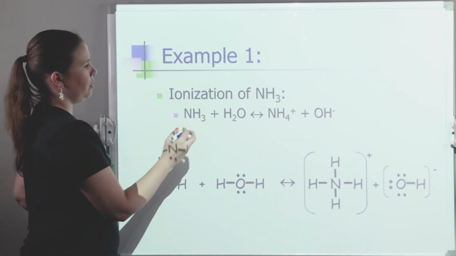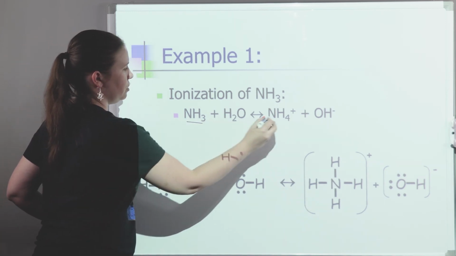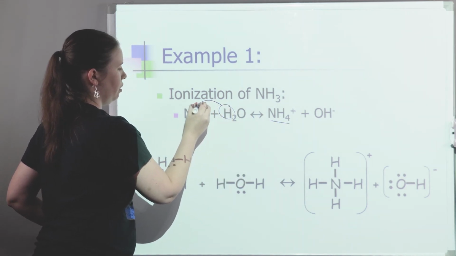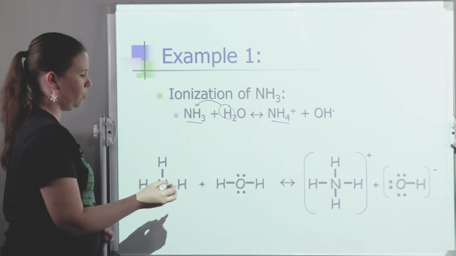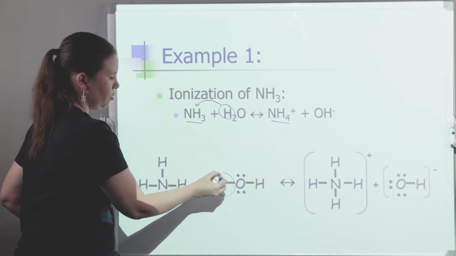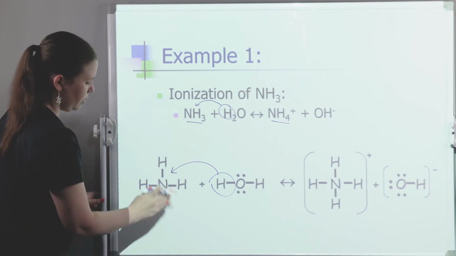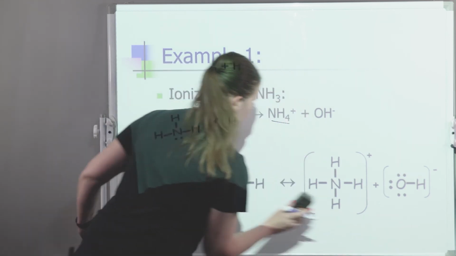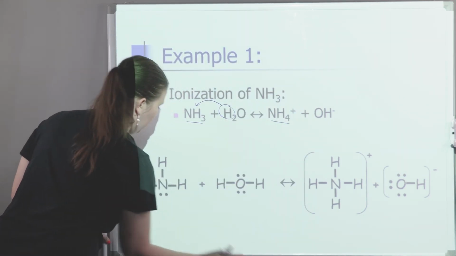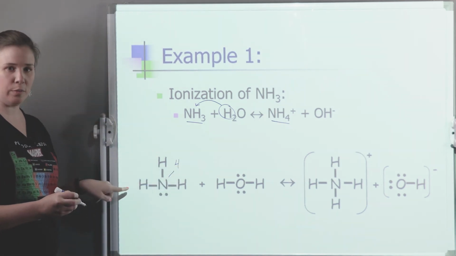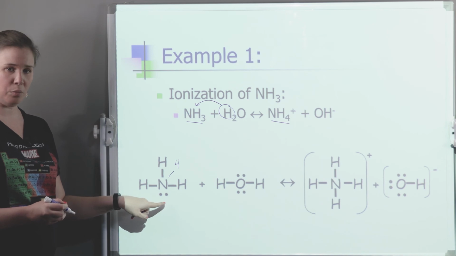So we can tell if we compare the NH3 to the NH4 that again, the hydrogen, just like when we looked at the Bronsted-Lowry theory, was moving over to the ammonia. So I can tell that one of my hydrogens is going to be moving towards the ammonia. Now think about this with the octet rule. Can I have just an added-in H here, 4 single bonds, and a lone pair?